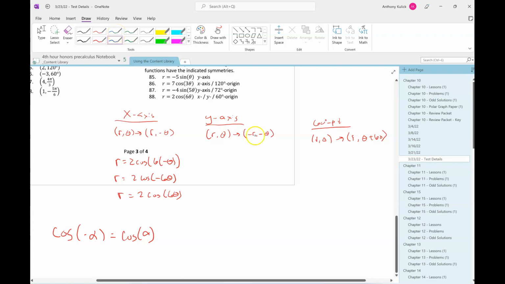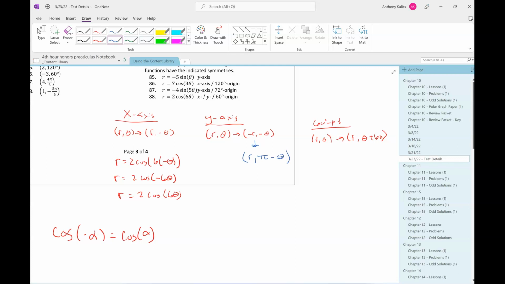Okay, so this is the tricky piece. This polar coordinate is the same as that one, right? If I take the negative and I add pi to it, that's the same thing, right? So that's what I'm going to use there.